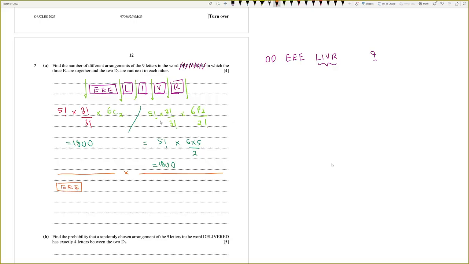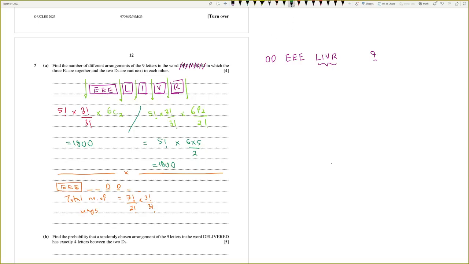There are 3 E's, and then you have 6 letters. So these are the total number of ways. That is equal to 7 factorial, 7 units, divided by 2 factorial for the 2 D's that are common, times 3 factorial by 3 factorial. This is the total number of ways.